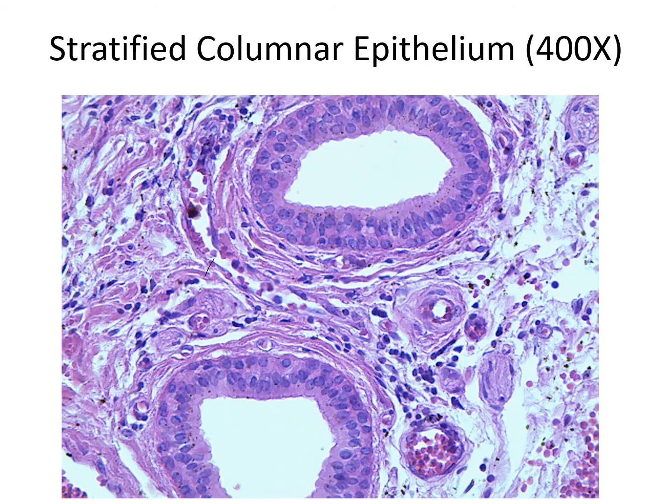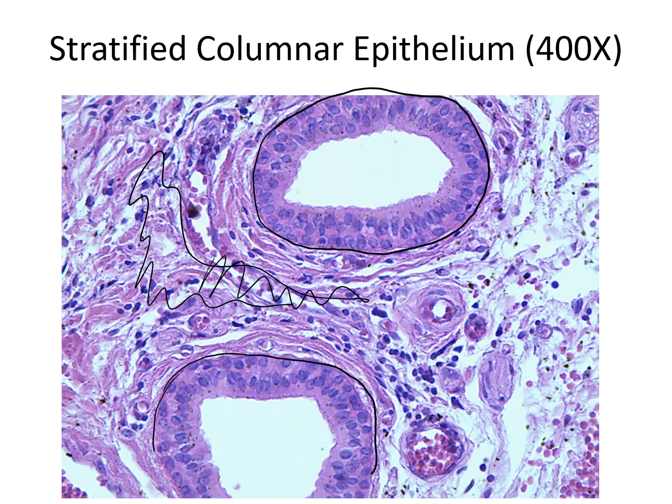Well, this stuff over here is connective tissue, so that's not epithelial tissue, but this is this tube here, and another one right here. We have at least 2 layers of cells, and they look like columns with the nucleus inside, so that's stratified columnar.